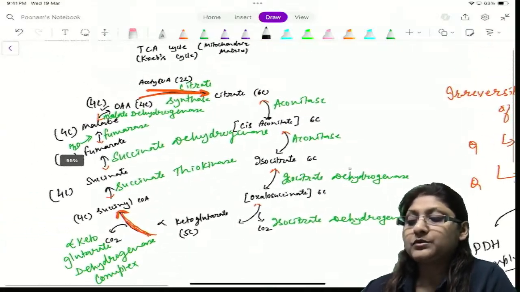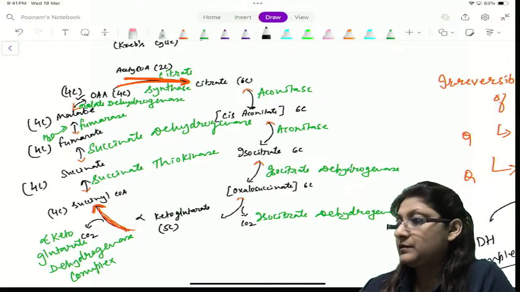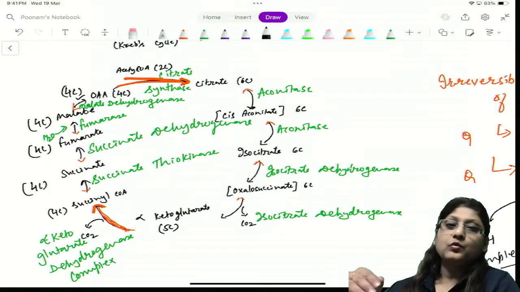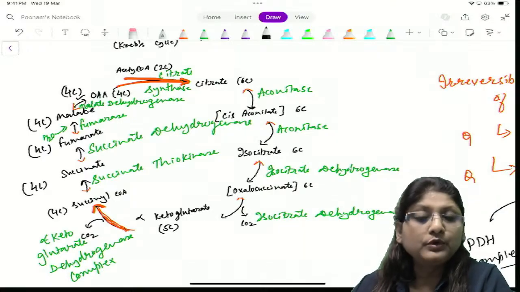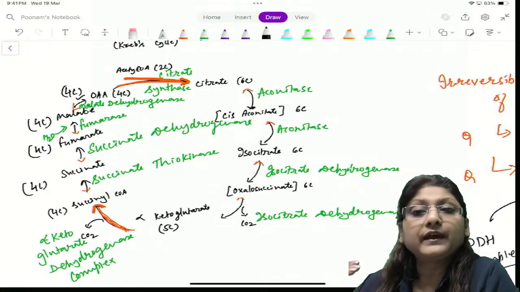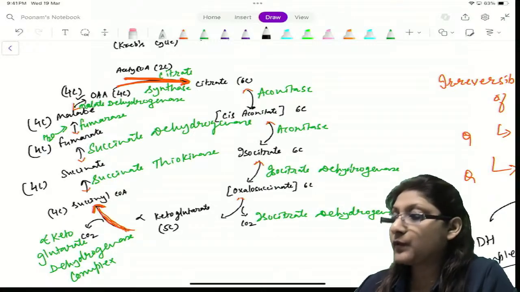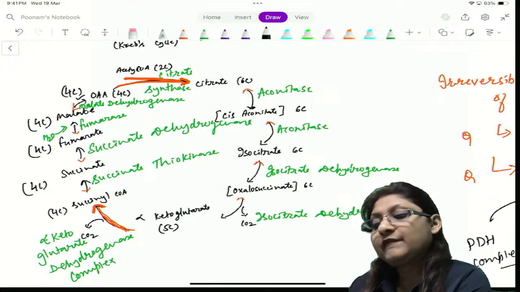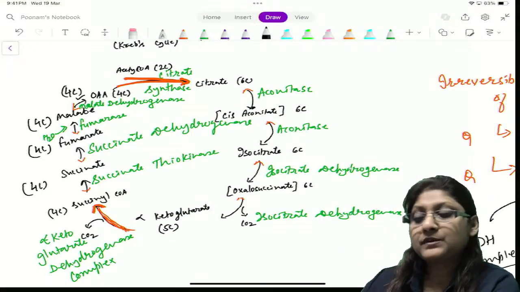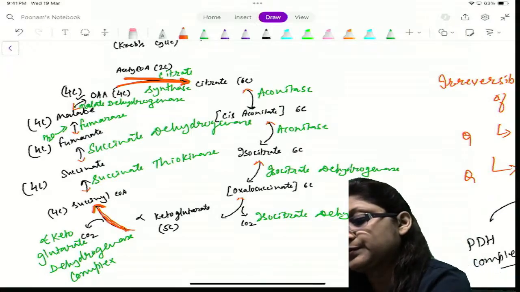When we talk about the gain of ATP, you must know the ATP is actually produced in the form of NADH and FADH2. There are 3 positions where the NADH is produced, and there is 1 position where 1 FADH2 is produced. So let's first talk about those steps where NADH is produced.